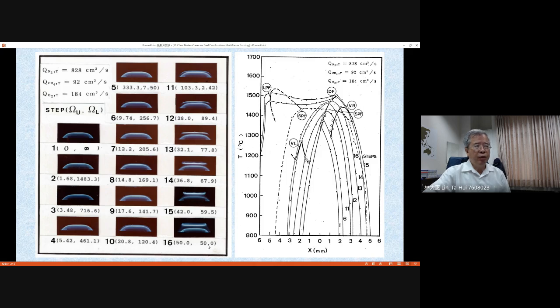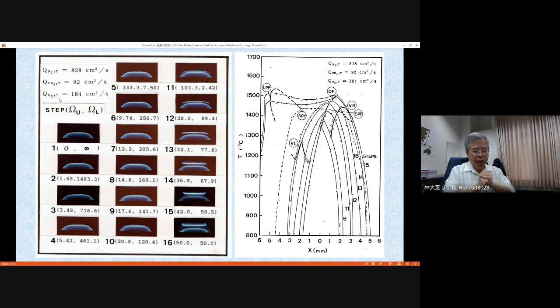Finally, they will reach 50-50, okay? Which means in this experiment we control the ratio between methane and oxygen to be stoichiometric, for example, here you can see 92, and this is double of 92, 184. They already have a stoichiometric ratio between the supply of methane and oxygen. Okay, this is the boundary condition change I tried to describe.